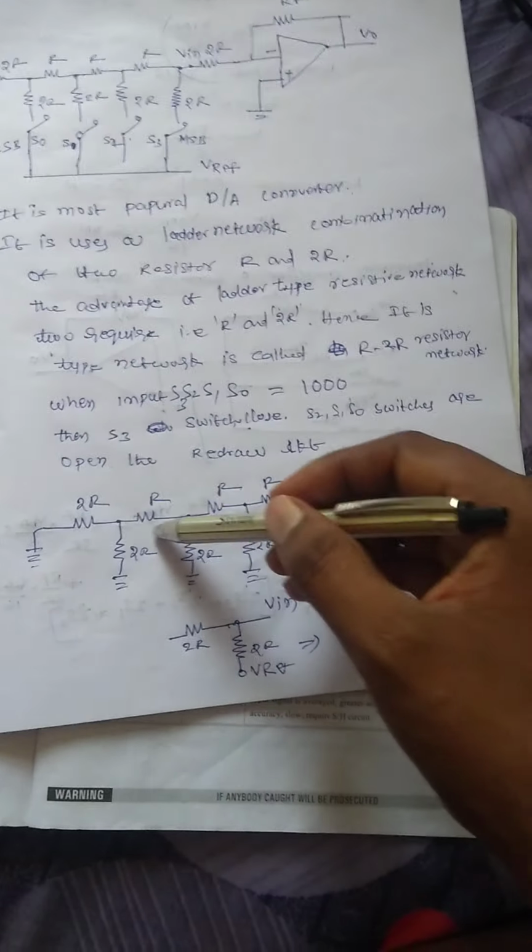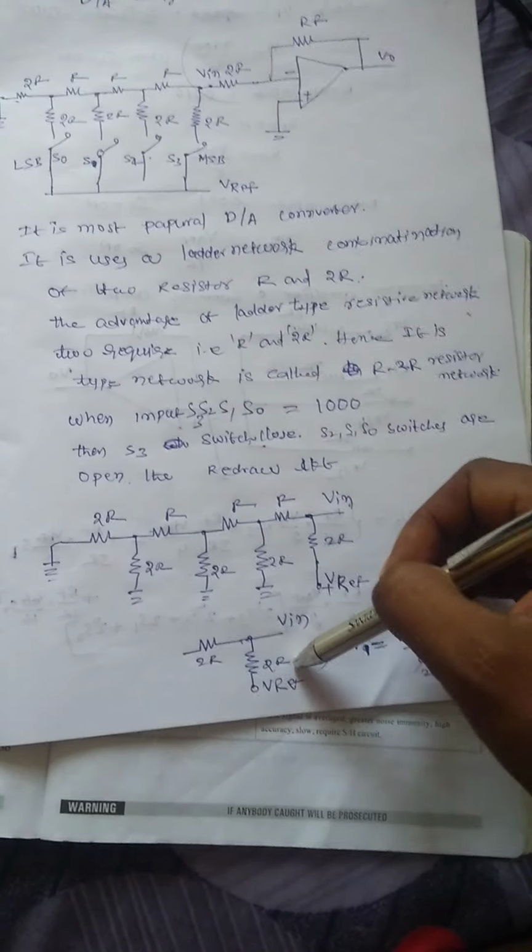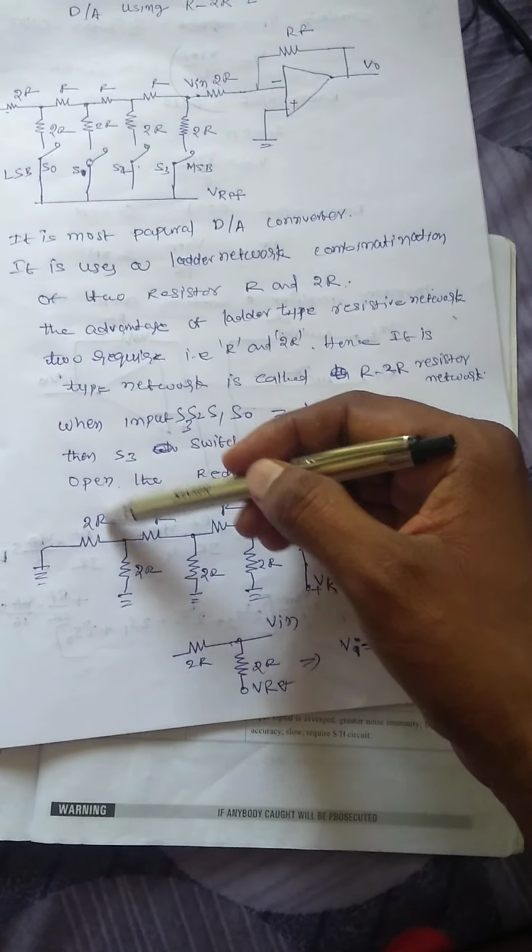By simplifying, we get 2R and 2R. The parallel combination of two resistors is R1 into R2 by R1 plus R2.